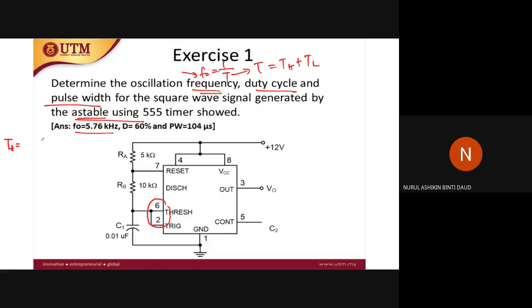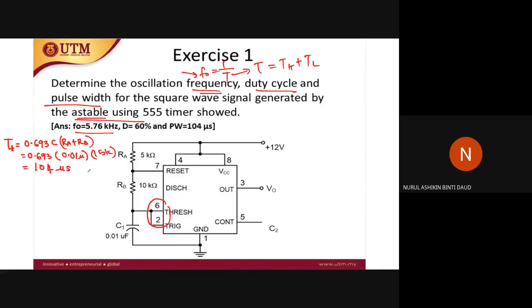TH is 0.693 times the capacitor and RA plus RB. So 0.693 times the capacitor value, 0.01 microfarad, and RA plus RB, which is 15 kilo ohm, and you will get the answer 104 microseconds.